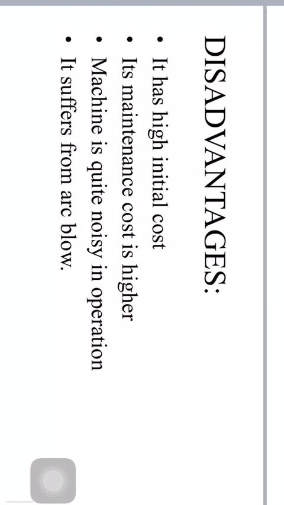Next, coming to disadvantages: it has high initial cost, its maintenance cost is high, the machine is quite noisy in operation, and it suffers from arc blow. If we observe the welding shops near us, we get some voltage disturbances when they are operating, due to the inductive nature of the load of this welding generator.